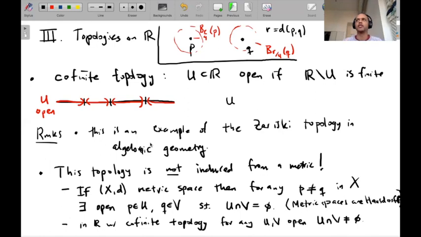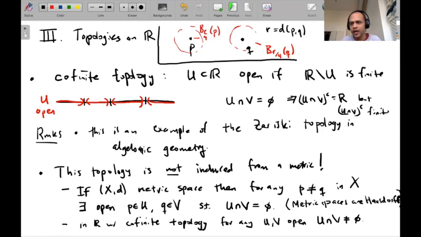So the complement is finite, so the intersection can't be empty. If it were empty, then the complement of U intersect V would be R, but the complement of U intersect V is finite, and R is not finite.